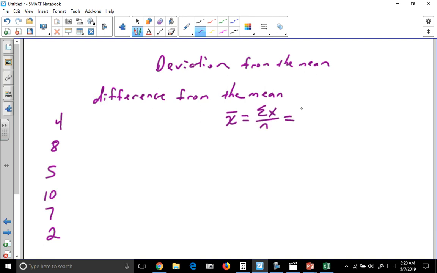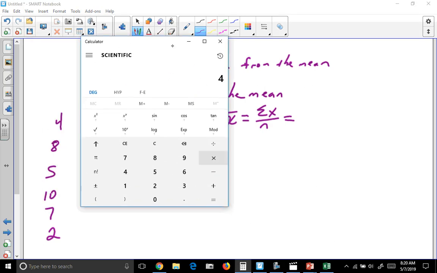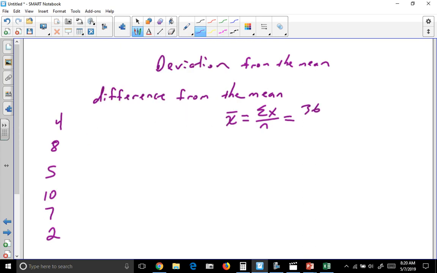So if we add these together, 4 plus 8 plus 5 plus 10 plus 7 plus 2, we add our values, we get 36. We have 1, 2, 3, 4, 5, 6 data values. So the mean here is 6.